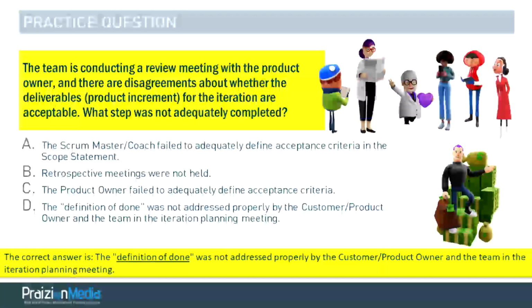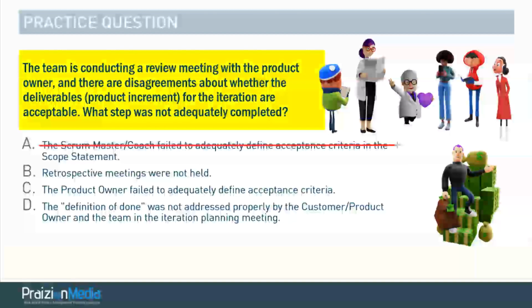Now, there are other clues as to why the answer would still not be any of the other solutions offered. Take a look at option A. The scope statement mentioned is not a legitimate addition in the world of Agile. Taking a look at the other options, the product owner is not solely responsible for every single piece of acceptance criteria.